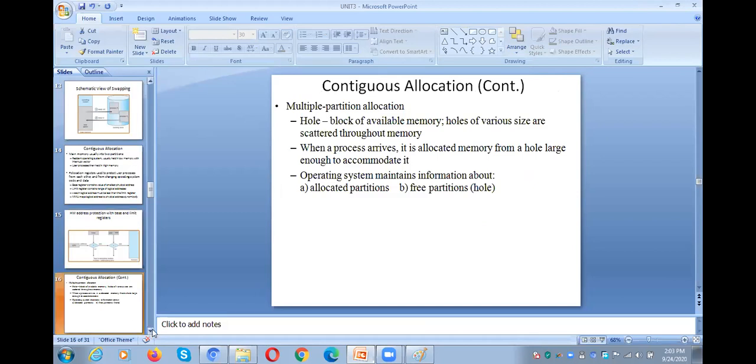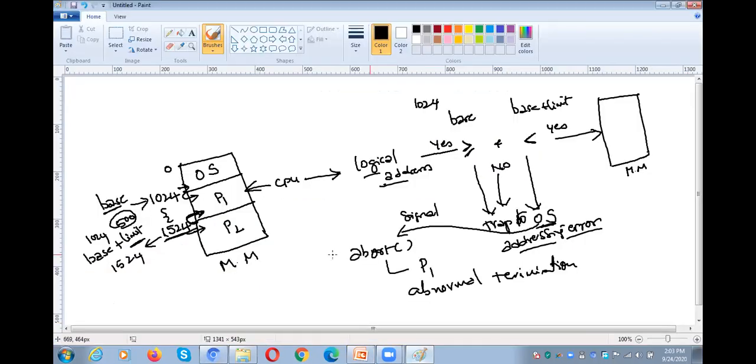The next one. I already told you the main memory is occupied with the operating system and the user area. Here, if you observe, the user area is divided into partitions.